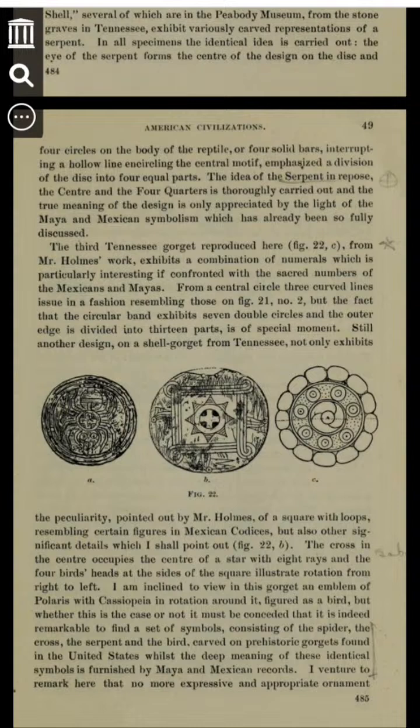I venture to remark here that no more expressive and appropriate ornament than these shell gorgets could have been designed or worn by the ancient Maya or Mexican priests, prophets, or leaders of a remote past who had guided themselves by the light of Polaris and instituted this cult as the basis of their native religion.